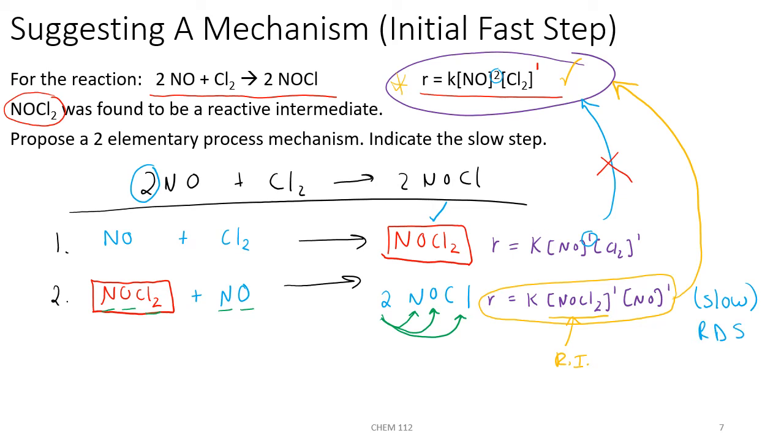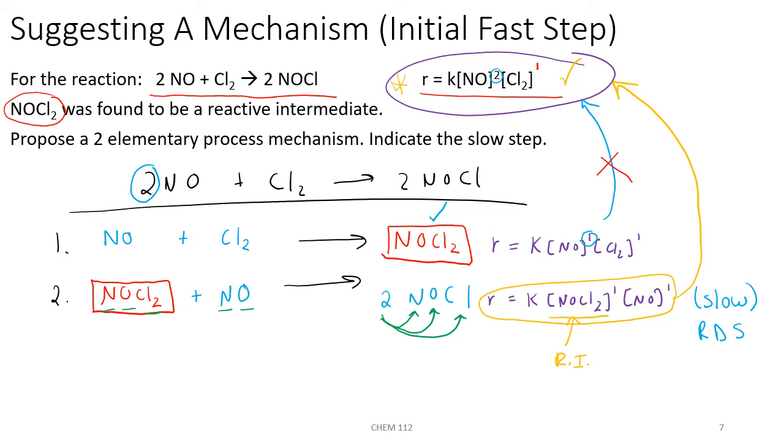Just because we don't have that reactive intermediate in our overall rate law, that's why it will never match step number 2. But your first check would be, does it match step 1? If the rate law matches the rate law for the first elementary process, then we could say that the first step is the slow step. If it doesn't match, because we only have 2 steps in these examples, then it has to be the second step that is the slow step.